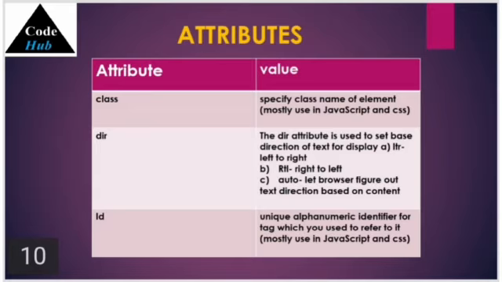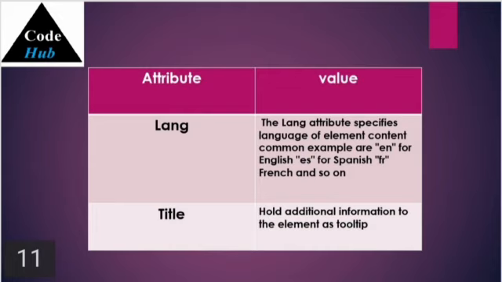ID, a unique alphanumeric identifier for the tag, which is used to refer to it, mostly in JS and CSS. Lang, a language attribute where en is used for English and fr is used for French. Title, which holds additional information about the element as a tooltip.